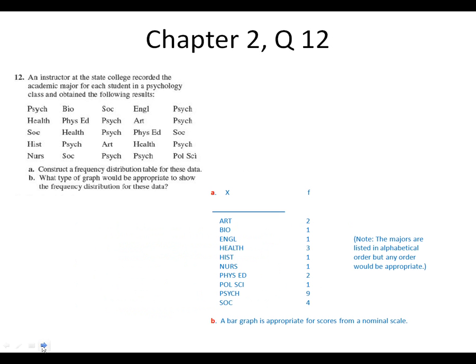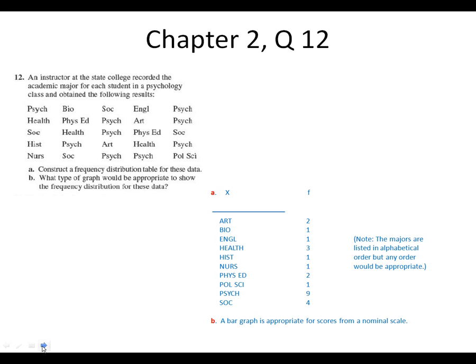And popping over to the next question, this is simply an exercise in putting things in order. Okay, so an instructor at the State College recorded the academic major for each student in his psychology class and obtained the following results. A, construct a frequency distribution table for these data.